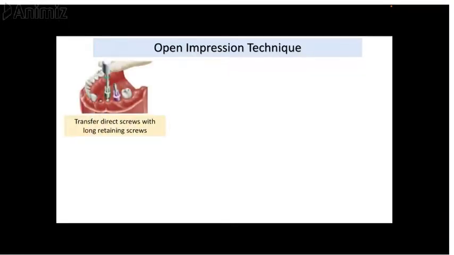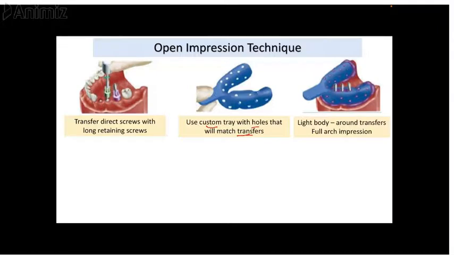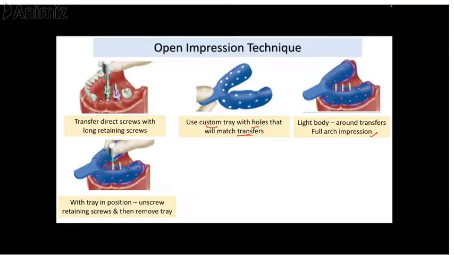Let us now see the technique briefly. First we transfer the direct screws with the long retaining screws, and then prepare the custom tray with holes. The important point is that the holes should match the transfers. Then the impression is taken with the light body around the transfers, and the full arch impression is taken. The tray has to remain in position, the retaining screws are unscrewed, and then the tray is removed.